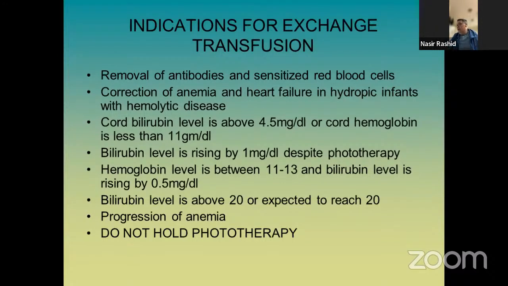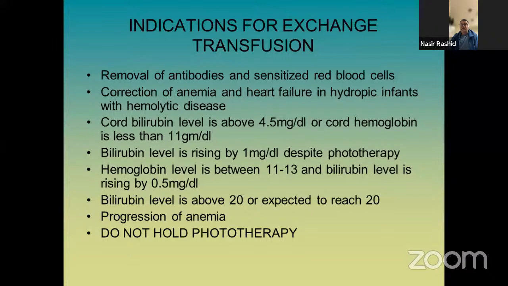And if you start making arrangements for exchange transfusion, if the cord bilirubin level is above 4.5 and the hemoglobin is less than 11, especially in an infant in which you already know that mom is Rh incompatible. So ABO incompatibility will cause hemolysis, but not severe.